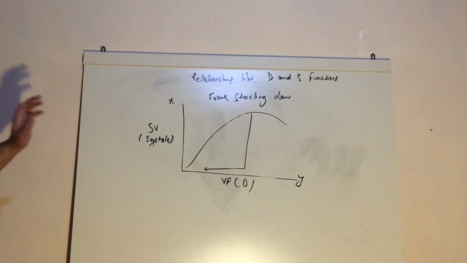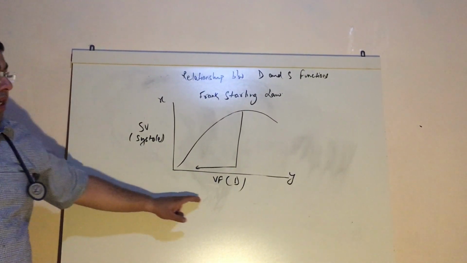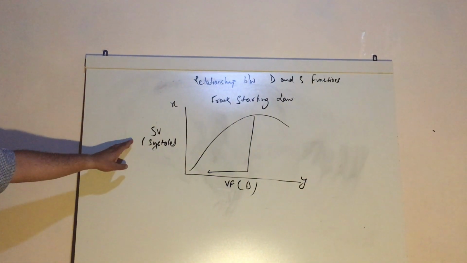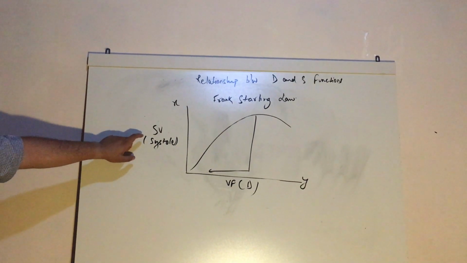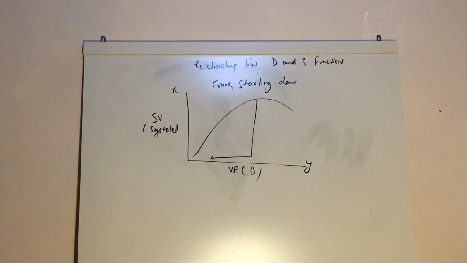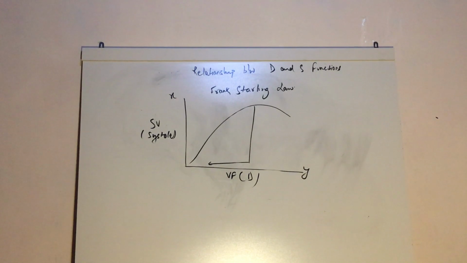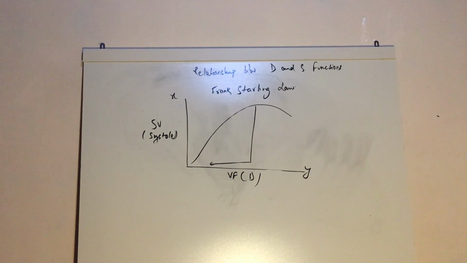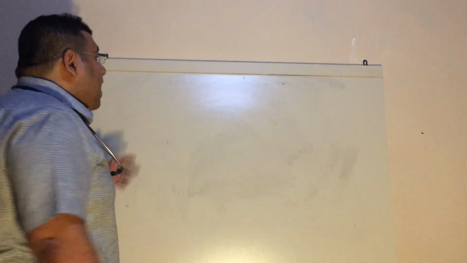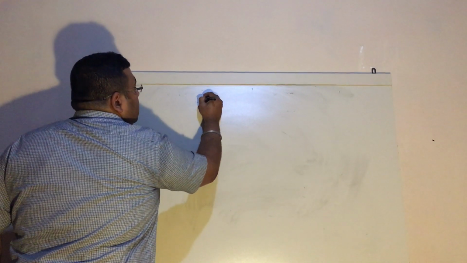The Frank-Starling relationship between diastolic and systolic function is well explained by this law. So the Frank-Starling mechanism is an adaptive mechanism by which an increase in preload enhances cardiac performance.